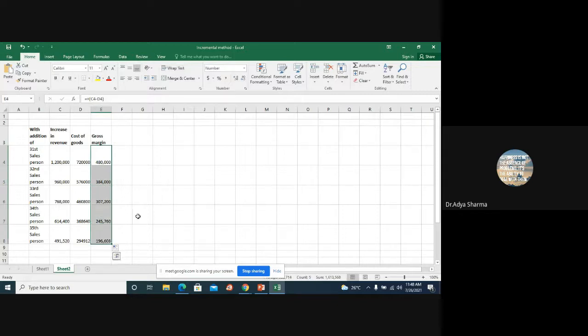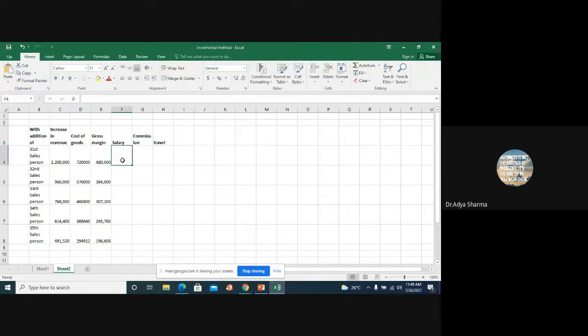So go back to my sentence where I said that what the salesperson is contributing should be equal to or more than what the company is contributing towards the salesperson. What is the company contributing? The company is contributing his salary, his commission, and also a travel allowance.